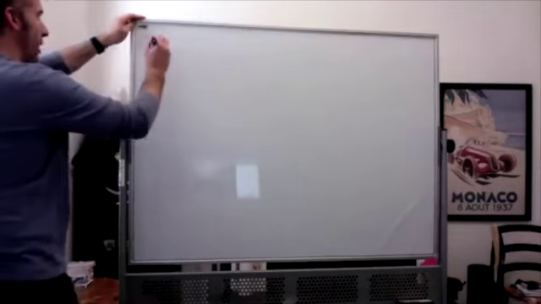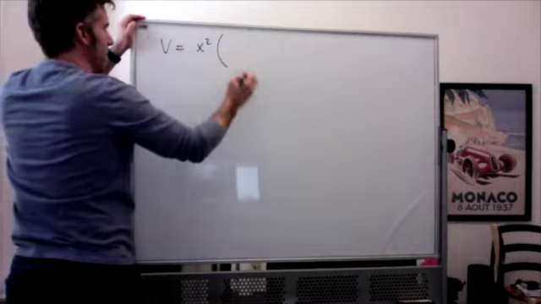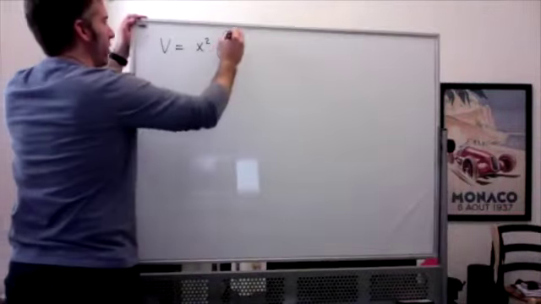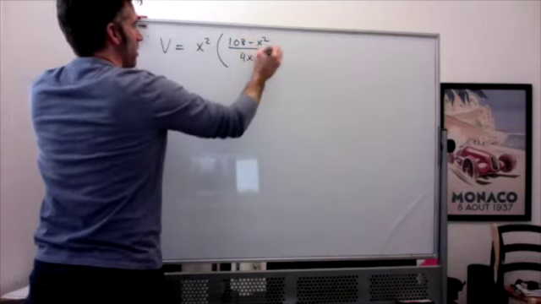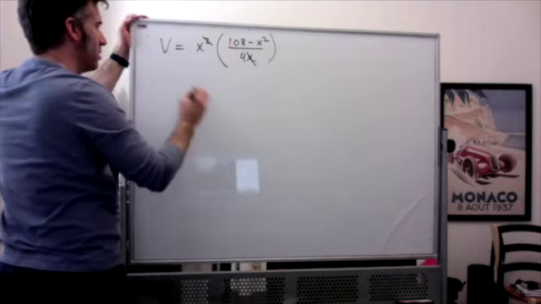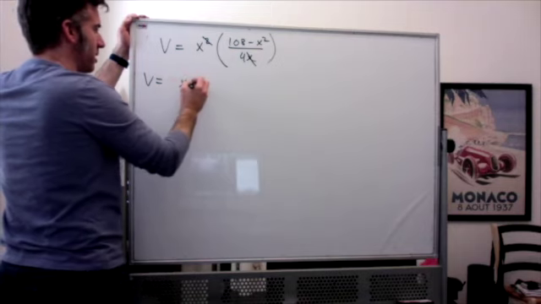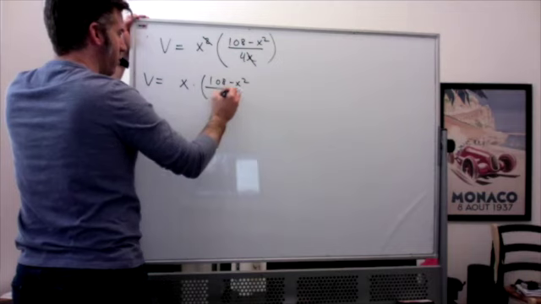Again, I have volume is equal to x squared times h, which was 108 minus x squared over 4x. I can cancel an x here and an x here, so volume equals x times (108 minus x squared) over 4.